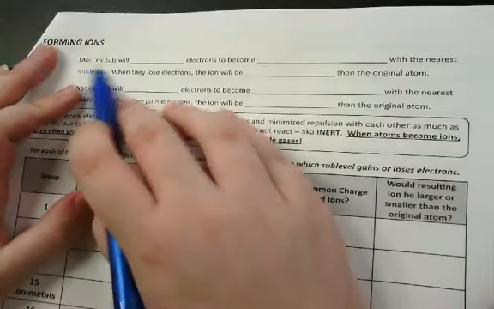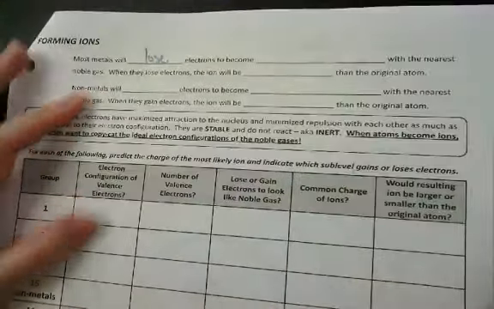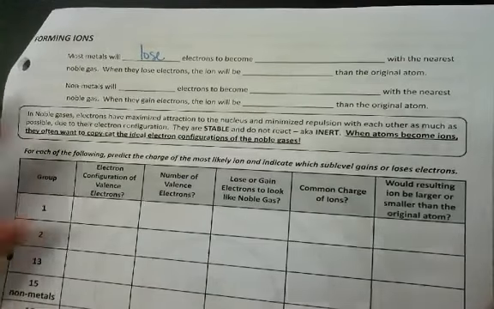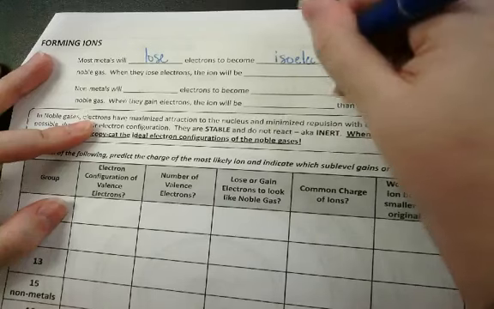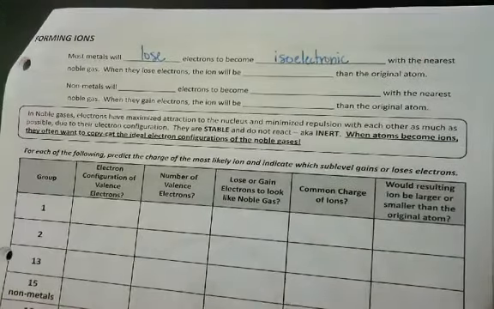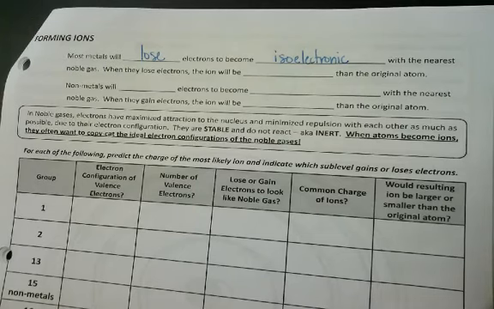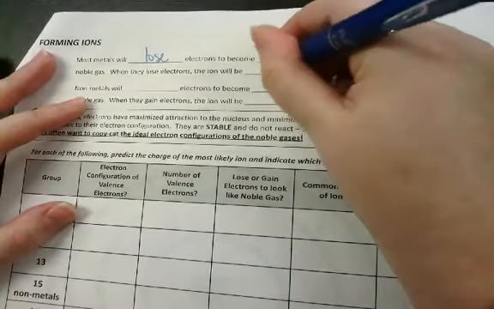So most of our metals are going to lose electrons in order to become isoelectronic, that word again, with the nearest noble gas. Whenever our metals lose electrons, do you think it's going to be smaller or larger than the original? Smaller.